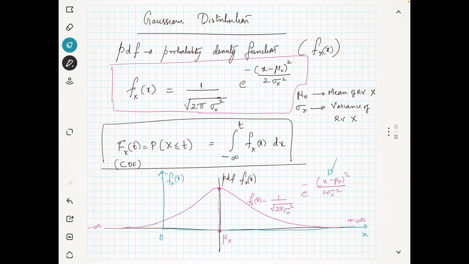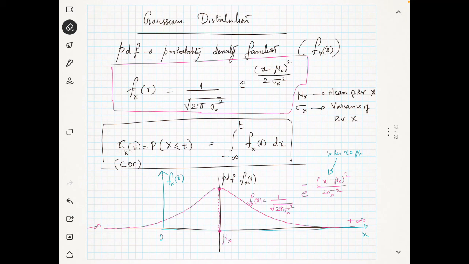When x is equal to mu_X, you will get x minus mu_X as 0, right? Then e power minus 0 means e power 0, and e power 0 is 1. So that's why you are getting a maximum value at mu_X.